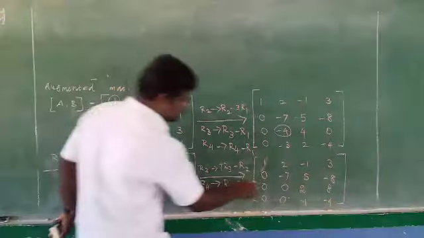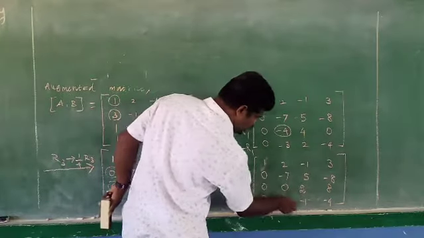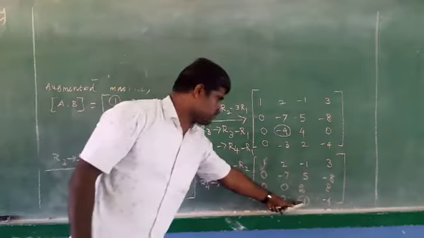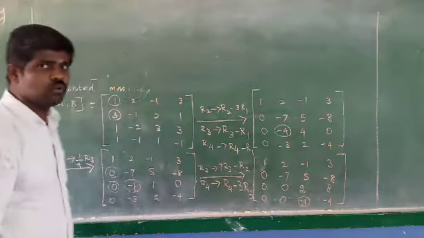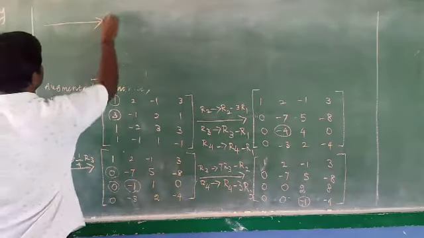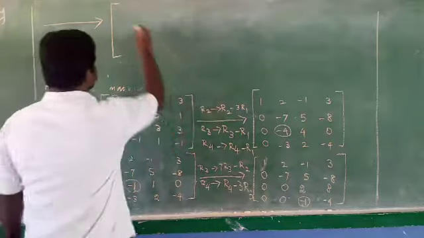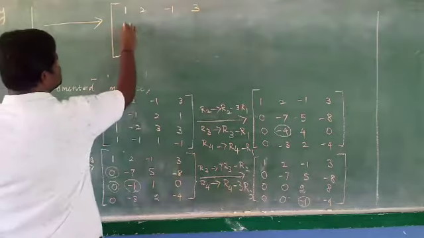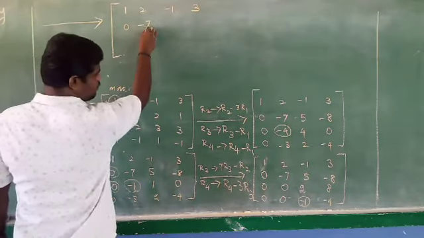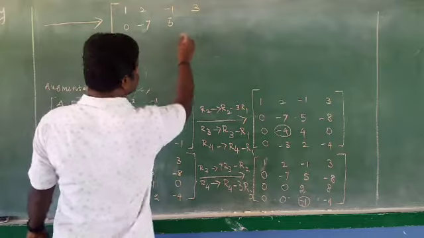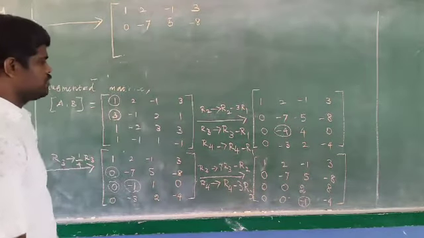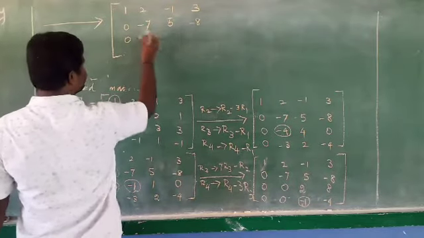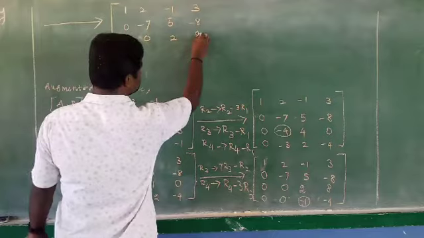Okay, this is 0 and this one is 2, 0. Here we want to make 3 zeros. So that's why we have to find the rule for R4. Write the first row 1, 2, minus 1, 3 and 0, minus 7, 5, minus 8. And here 0, 0, 2, 8.